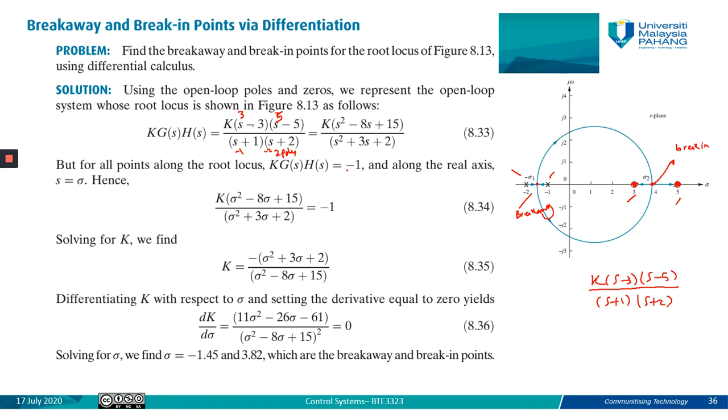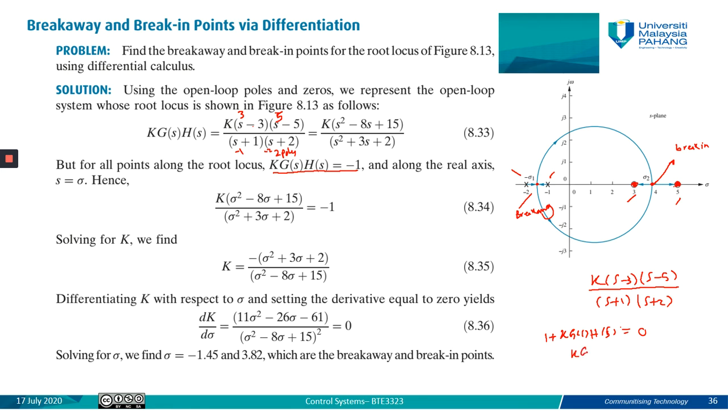So what we are going to do here is substitute the value here. Why equal to -1? This is from the characteristic equation, because the characteristic equation is 1 + KG(s)H(s) = 0, correct?